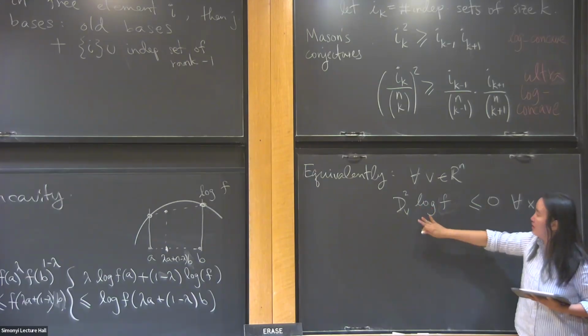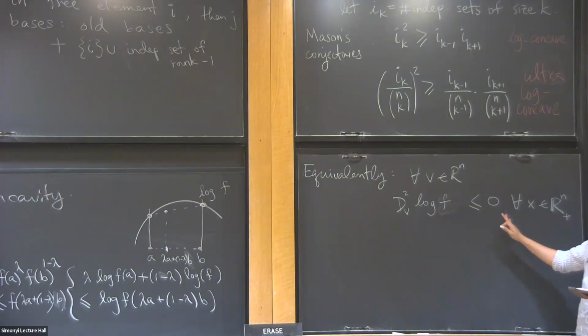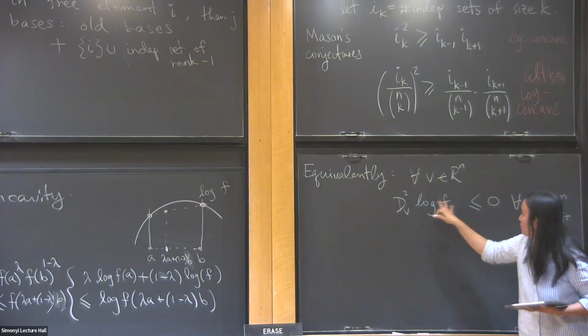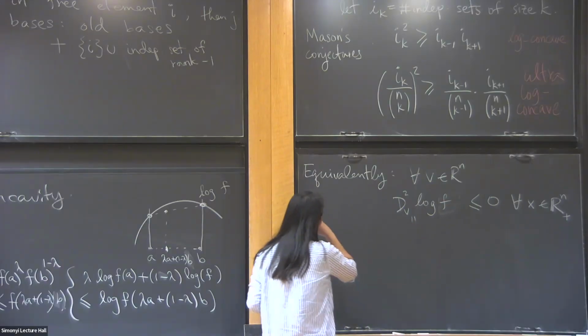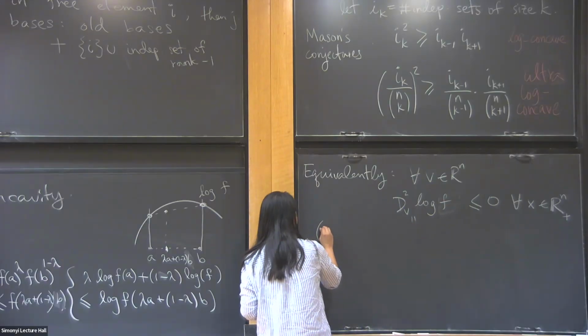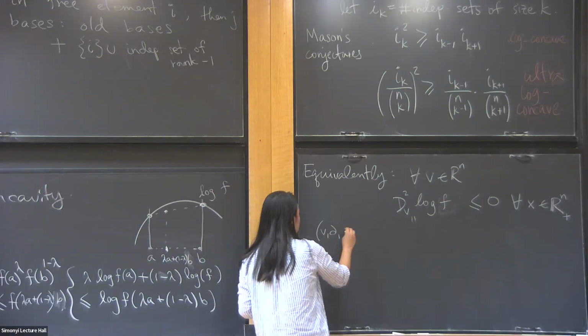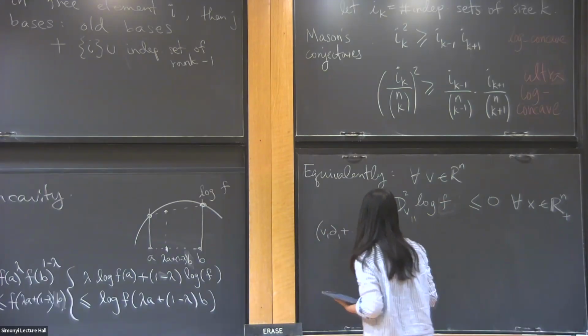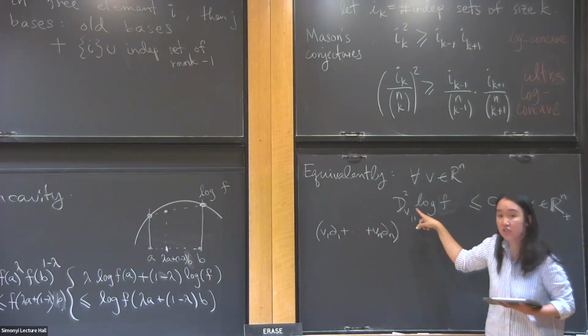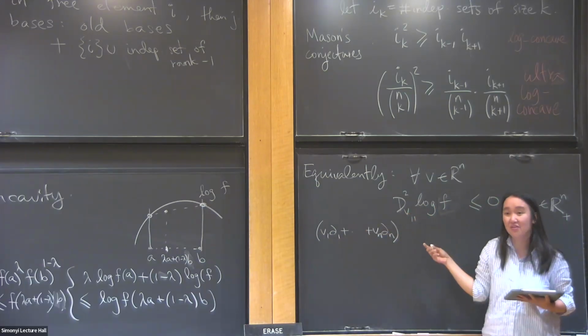Another way to look at it is that the second derivative is less than or equal to 0 at every point. So now let's look at the second derivative a little more closely. What does it mean by definition? I'm looking at V1 partial 1 plus ... plus Vn partial n, where V1 through Vn are the coordinates of the vector v.